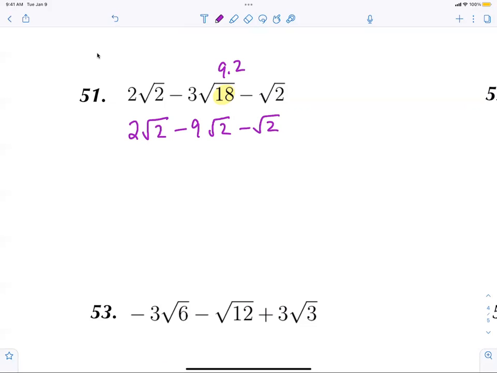More practice. Anybody have any issues with that? So my final answer is what? Negative 8 radical 2. Everybody okay with this? Okay.